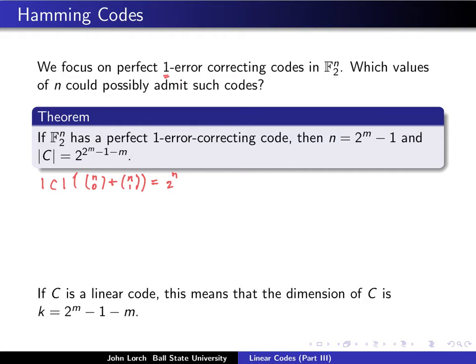Right, so remember here in the packing bound, we're stopping at n choose 1 because we're looking at a 1 error correcting code. Okay, so let's simplify this a little bit. This says that the size of our 1 error correcting code times (1 plus n) is equal to 2^n.